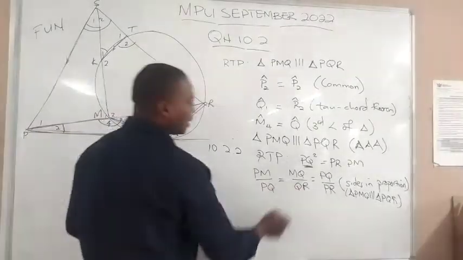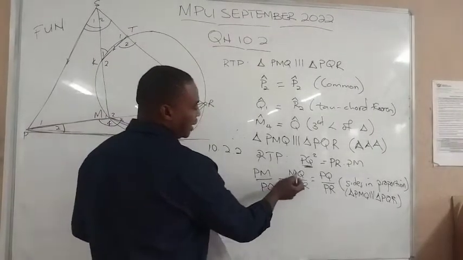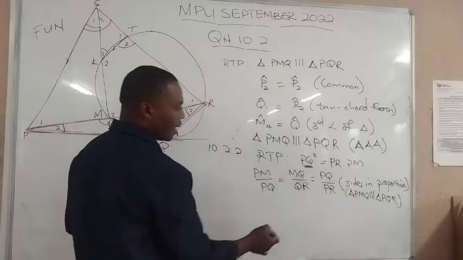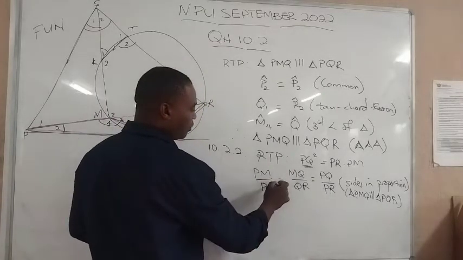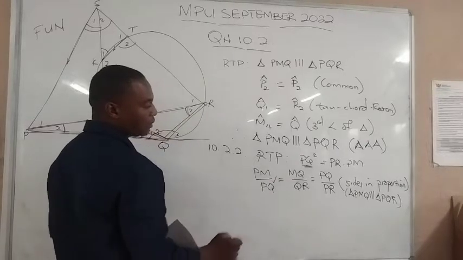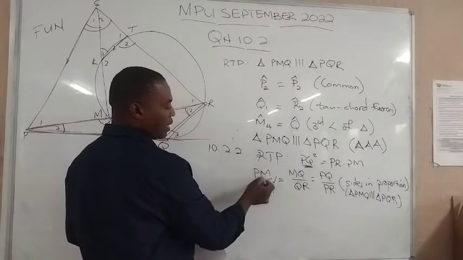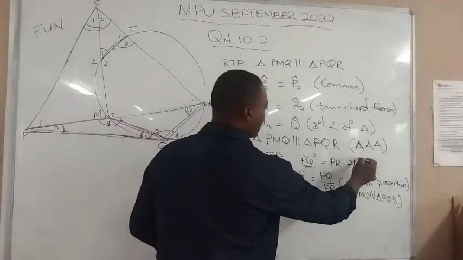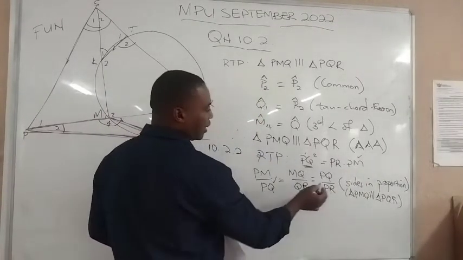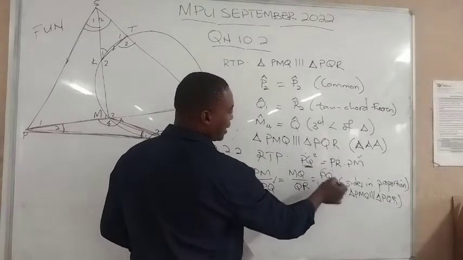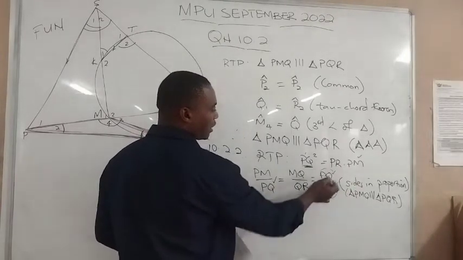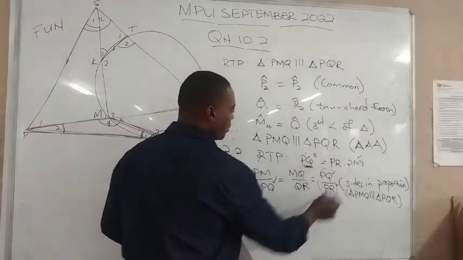Alright, then we realize that it is in these sides that are in proportion where we have what we want. In this first ratio, we have PM, we have PQ, that is PM, PQ, and then in this last ratio, that's where we also have another PQ and the PR.